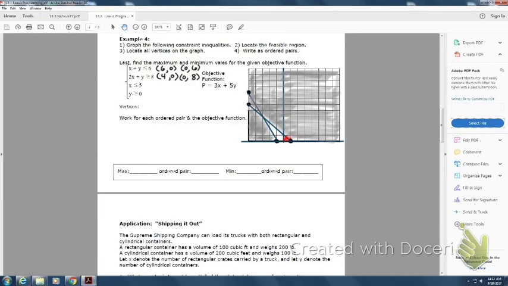So next we need to do what, Trey? Once we have it all graphed and all shaded, find the vertices. How many vertices are there on this one? 4. 1, there's 3 of them down here. Okay, 1, 2, 3.